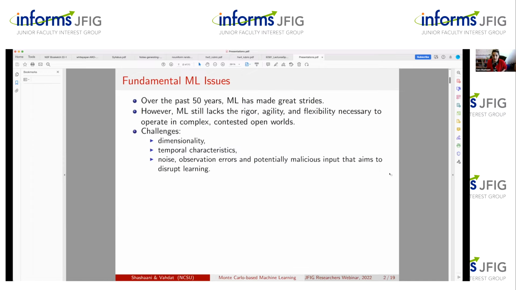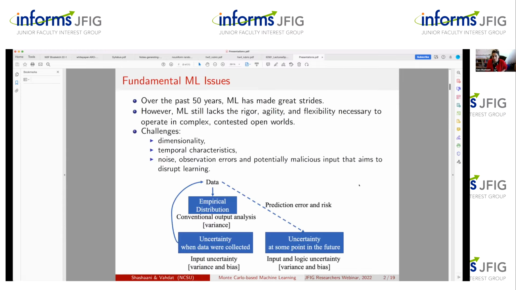We have seen that it can be capable of doing really, really great things. But there are always some issues with machine learning. You can always question lack of rigor and flexibility, in particular when you have higher dimensional data or a system that has more non-stationary characteristics, as well as some discrepancies in the data that can actually disrupt the learning.